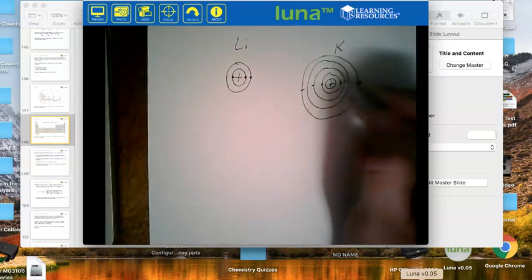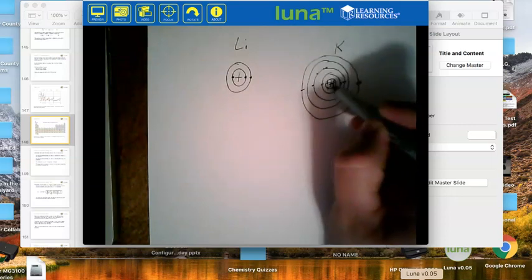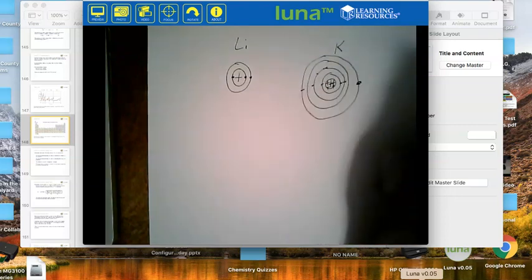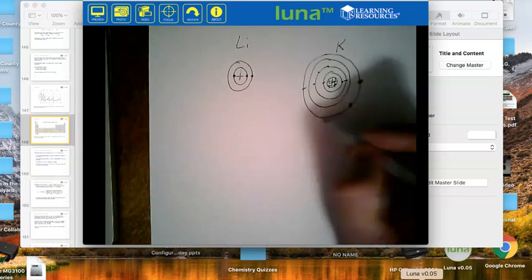Anyway, for potassium, it has more protons too, all right? But the question is, why would it be easier to take an electron from potassium than from lithium? Look how close the electrons are to the nucleus compared to electrons that are out here.